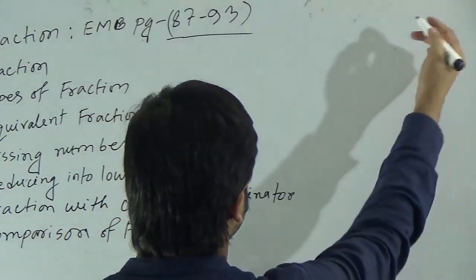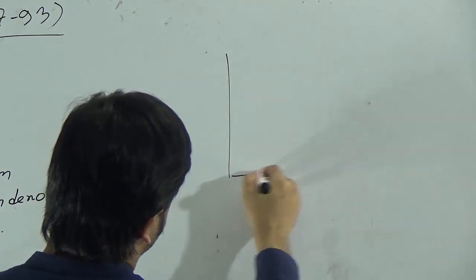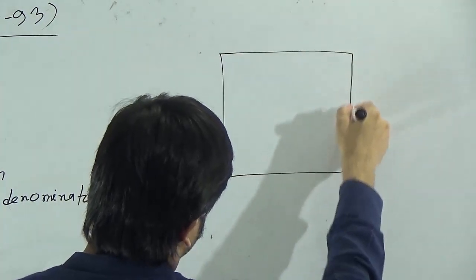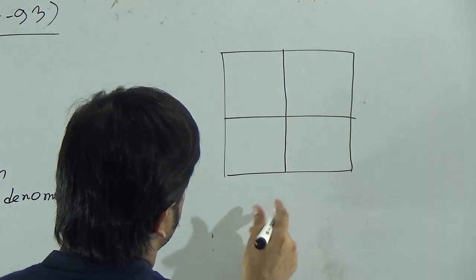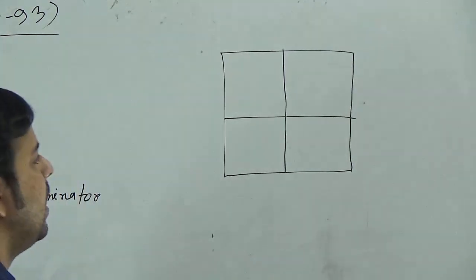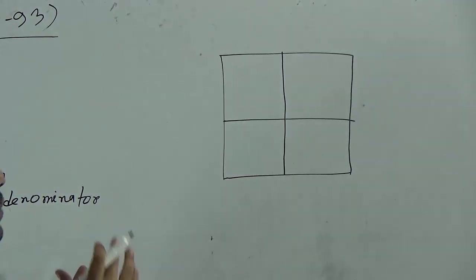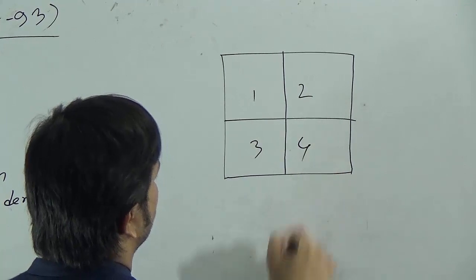At first we have to know what is fraction. To understand fraction, I am drawing a figure here. This is a square. I have divided the square into 4 equal parts. 1, 2, 3, 4.